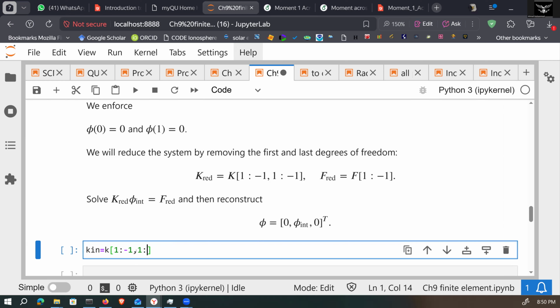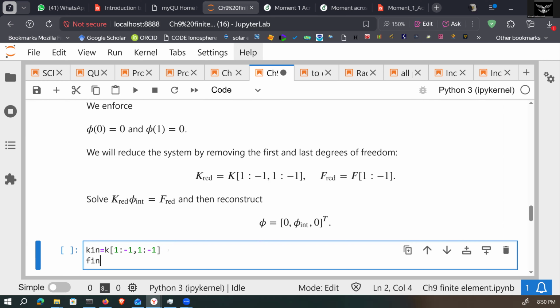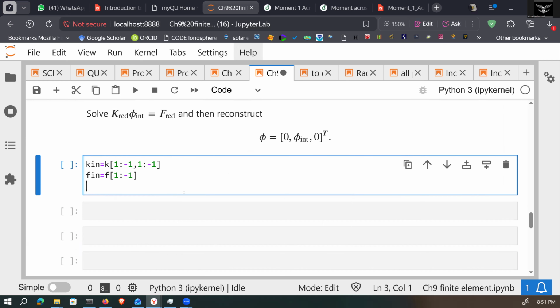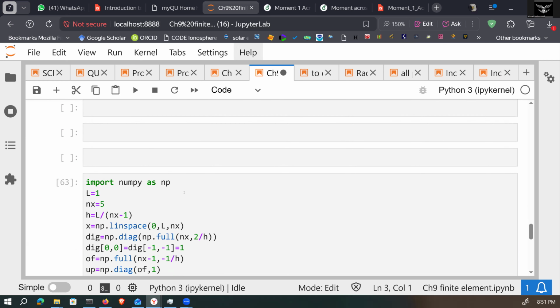And F inner equals F from 1 through minus 1. Python counts from where you want it to count, but it will stop one element before the end, because we have seen it counts from 0.